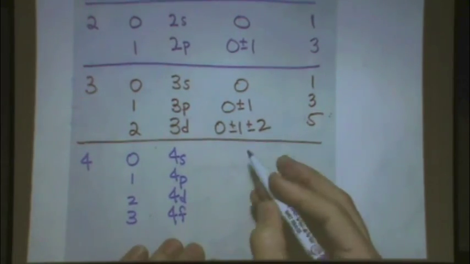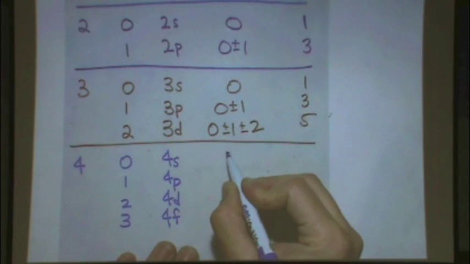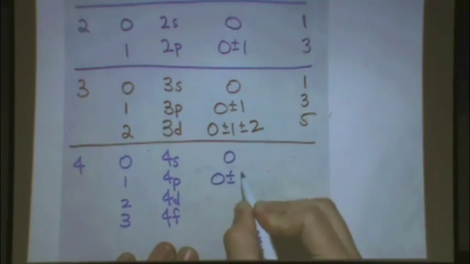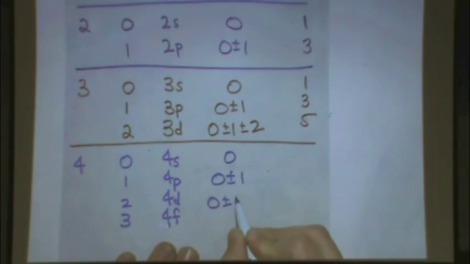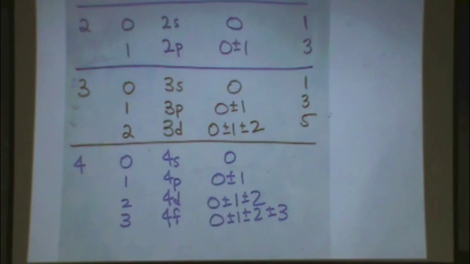So then, here we go again. M sub L corresponds to L, and that's 0, 0 plus or minus 1, 0 plus or minus 1 plus or minus 2, and then now 0 plus or minus 1, plus or minus 2, and plus or minus 3. So if L is 3, M sub L is bound by plus L and minus L. Okay?